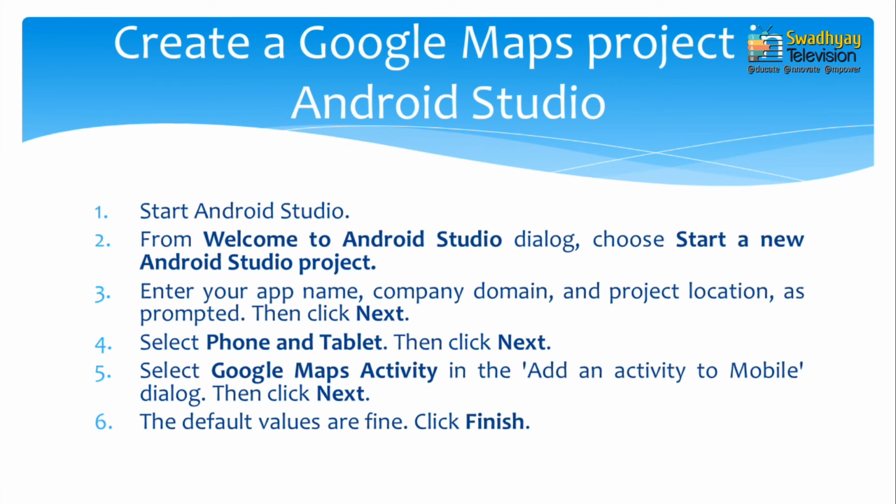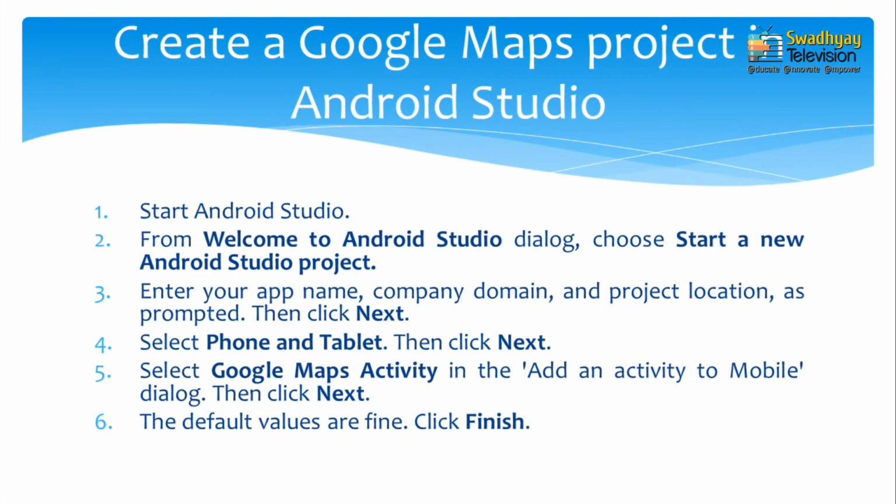The steps for creating a Google Map project in Android Studio are shown on screen. First, you have to start Android Studio. As we know, it first displays the welcome screen. From there you have to select start a new Android Studio project and enter your application name, company domain and project location as prompted, and then click next.